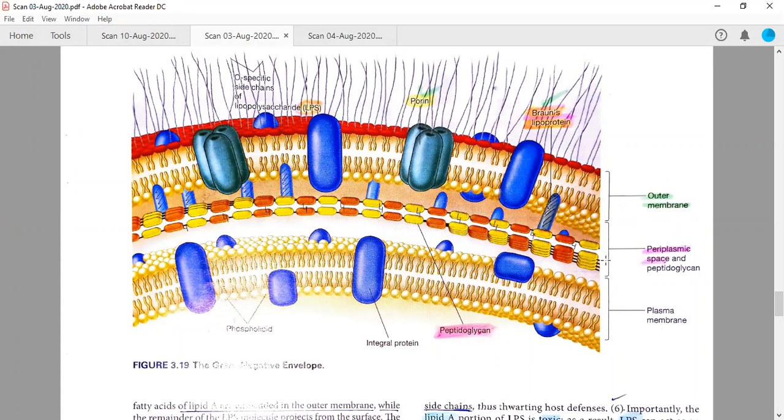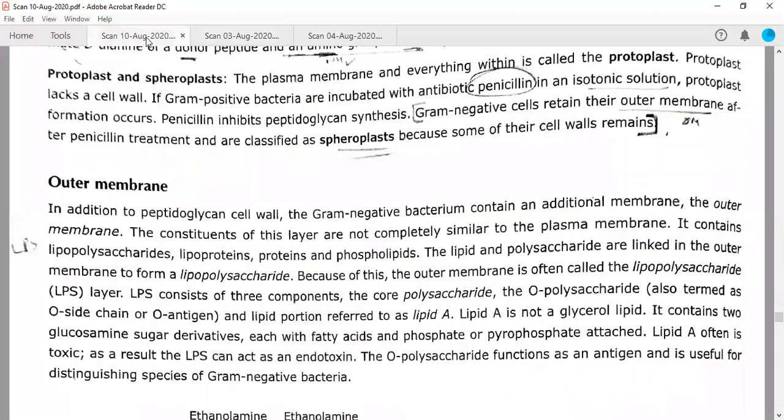Also, some peptidoglycan cell wall, though it is very thin in gram-negative bacteria, will remain because it protects the cell. So at least they have the outer membrane along with the plasma membrane, and a little peptidoglycan cell wall. These structures are called spheroplast.